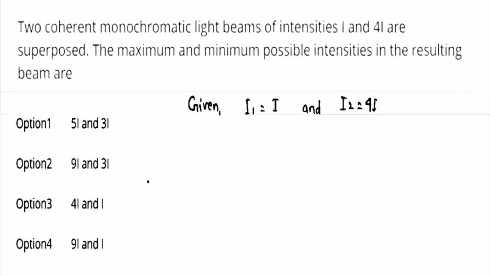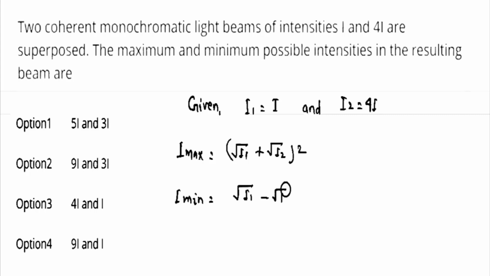Now we have to find the ratio. We know that the maximum intensity I maximum is given by root under I1 plus root under I2 whole square, and I minimum is given by root under I1 minus root under I2 whole square.